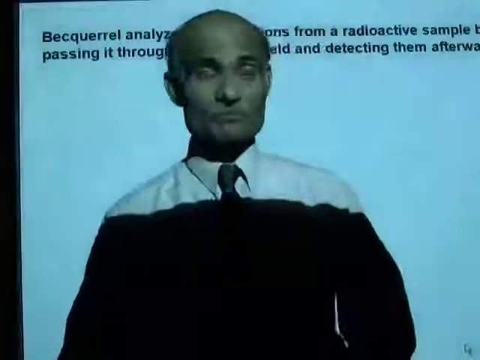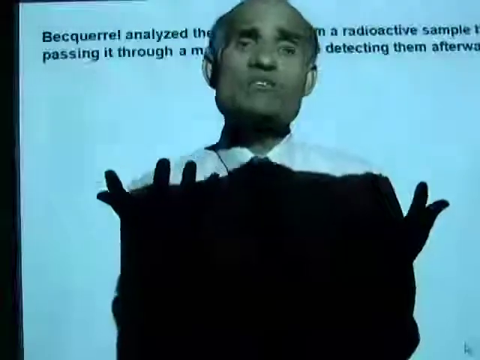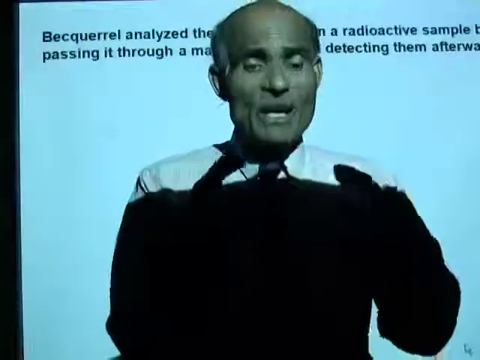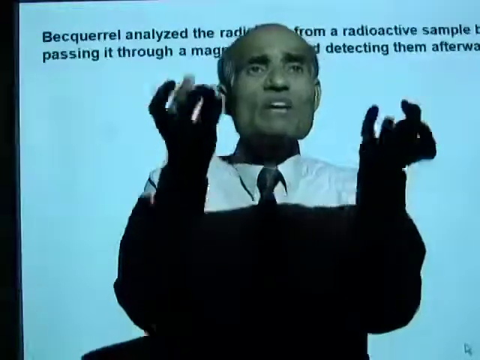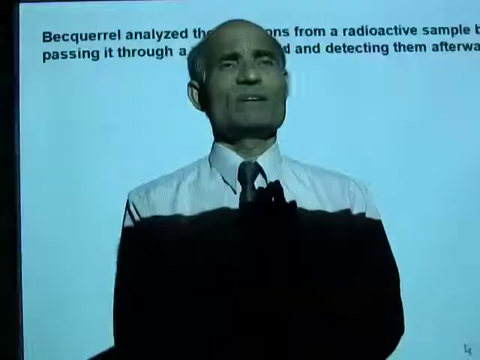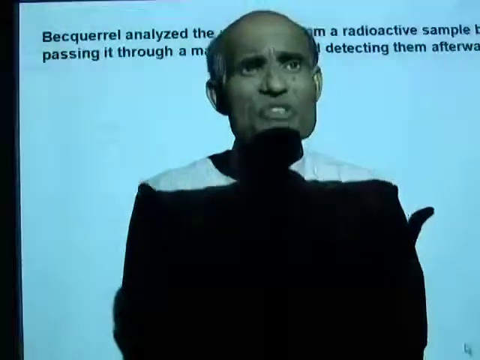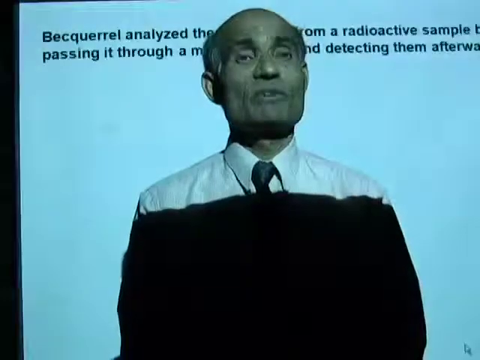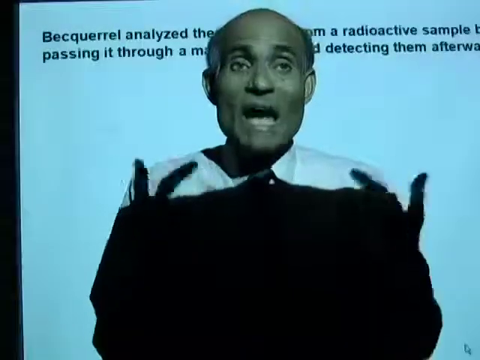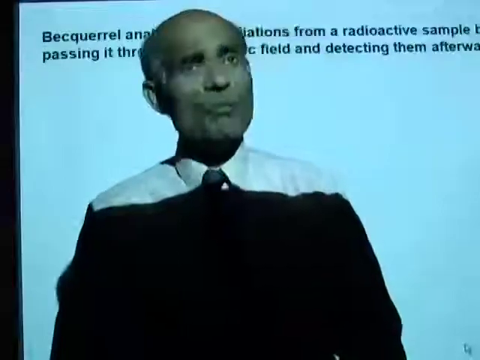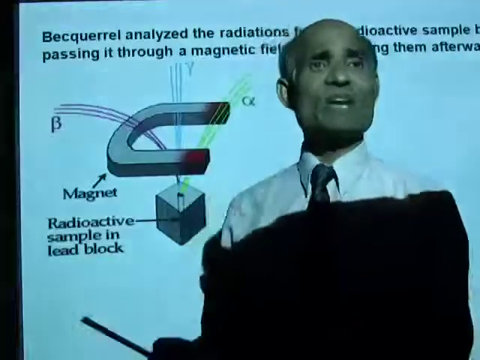Now, once you have made a discovery like this, that a material emits radiation spontaneously, obviously the question you ask is, what are these radiations made of? So Becquerel analyzed these radiations. What do you do to analyze such a radiation?